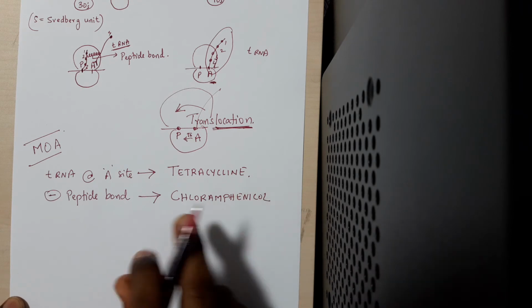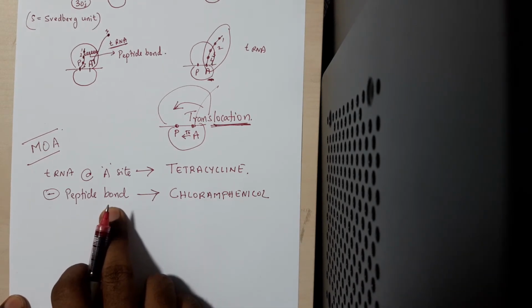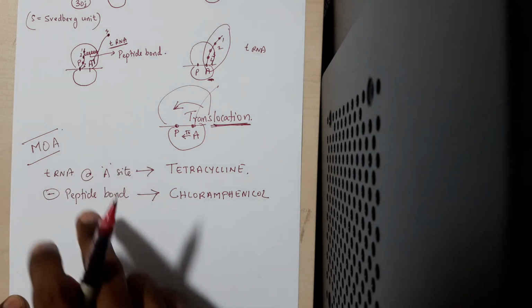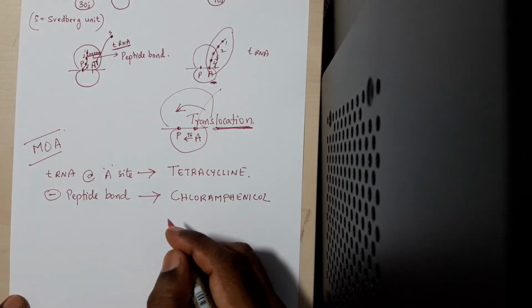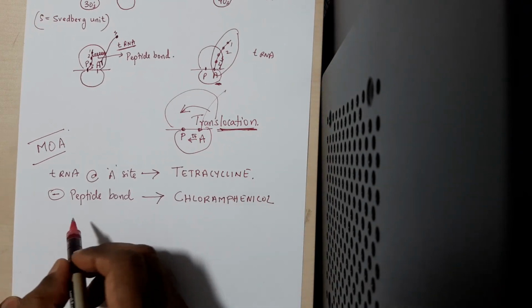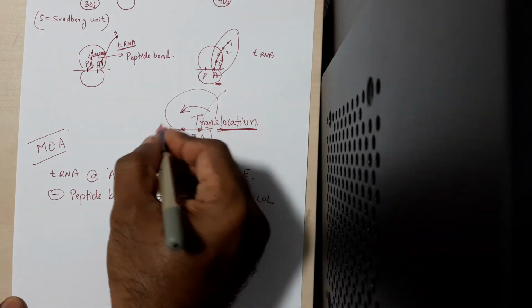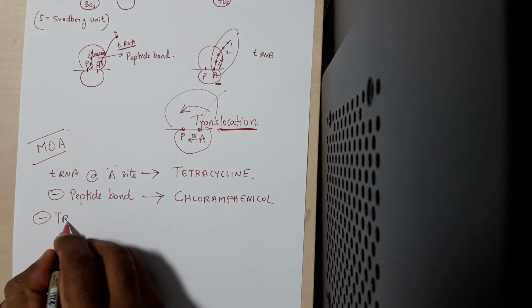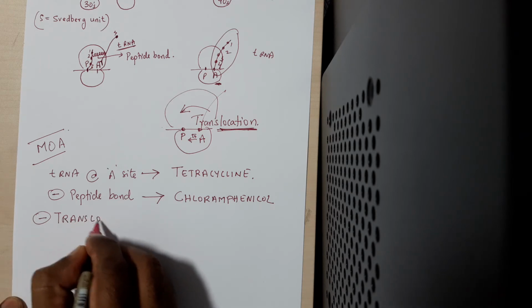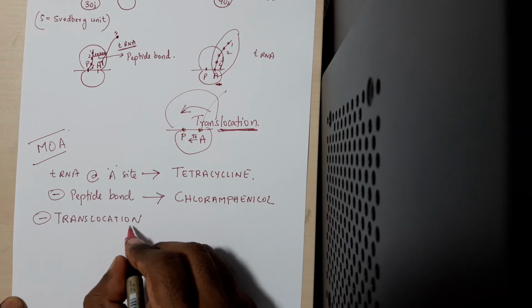Chloramphenicol prevents the formation of the peptide bond between the amino acids attached at the P site and A site. Now, what group of drugs will prevent the translocation process? Next is inhibition of translocation.